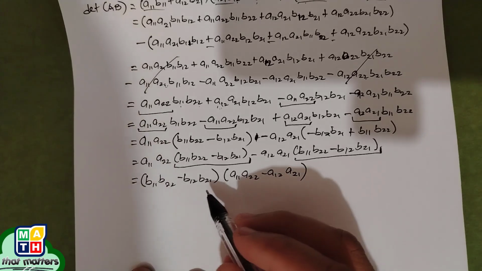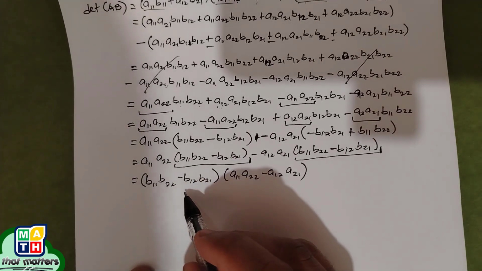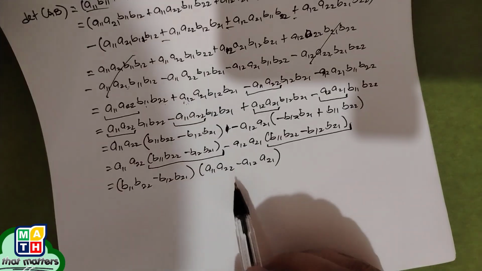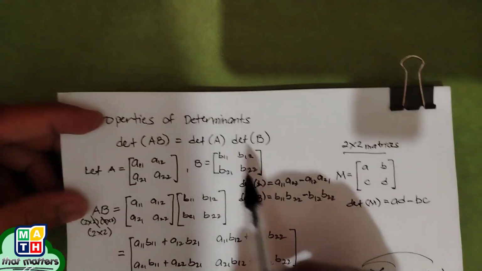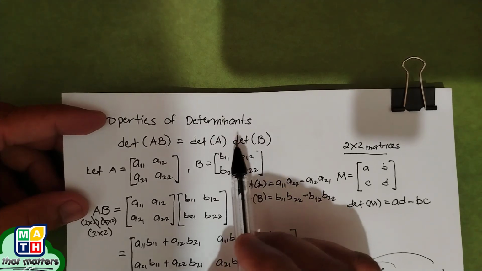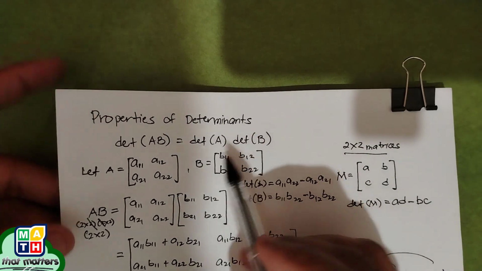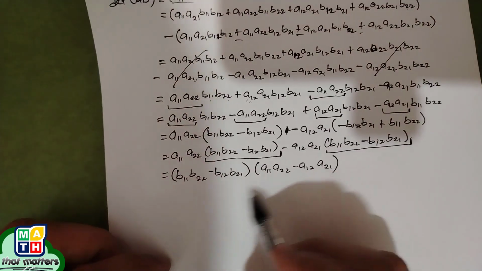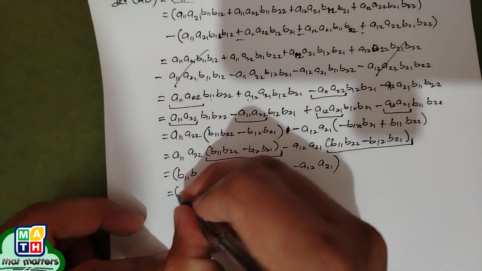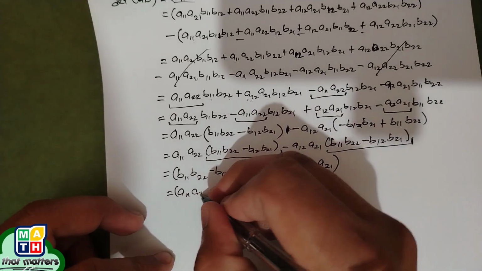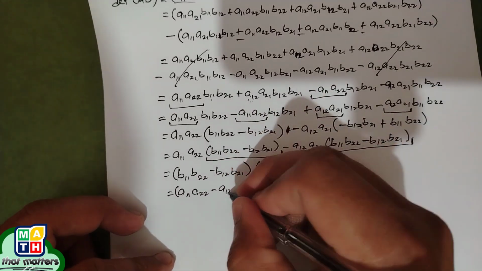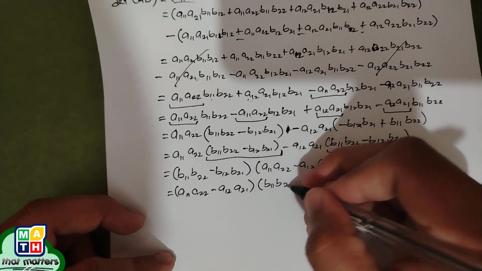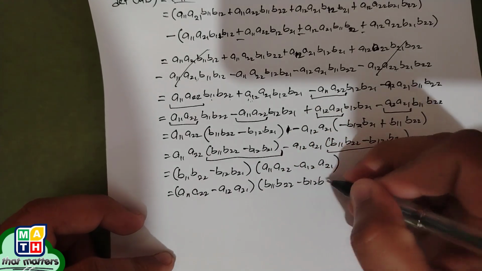This would become determinant of B. The second about A's will become determinant of A. But since this is commutative, let's make a goal to reach this. So let's rearrange that too. You could also rearrange the determinants later if you would like to. Let's just rearrange this so that it could pattern to our final form.